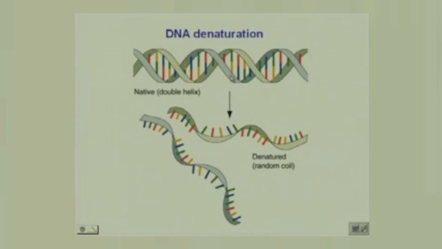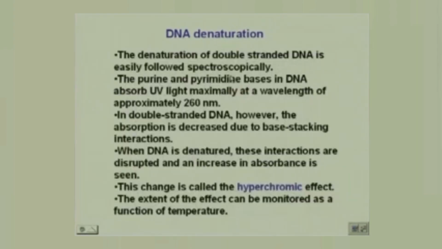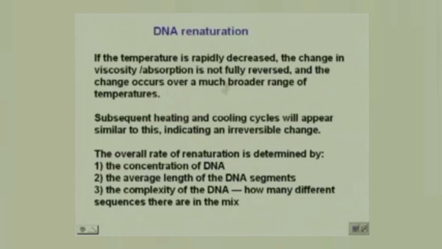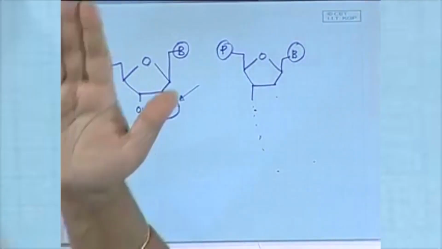So, with an increase in temperature, or with certain agents also, it is not possible for the renaturation of DNA. The overall renaturation actually depends upon the average length of the DNA segments. Okay? If the segments are small, there is a possibility that they are going to find the complementary base strands and join up to form the double stranded helix.